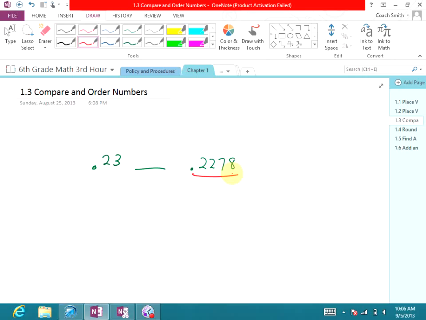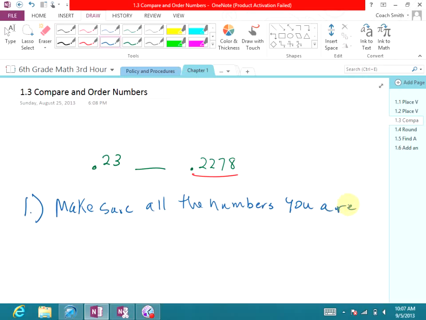We're talking about decimals. So, our first step when we're comparing numbers is to do this. Make sure all the numbers you are comparing have the same amount of digits.